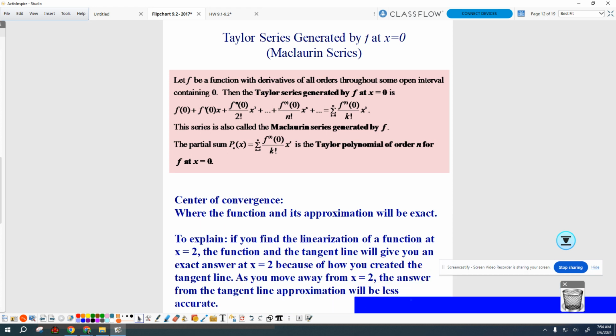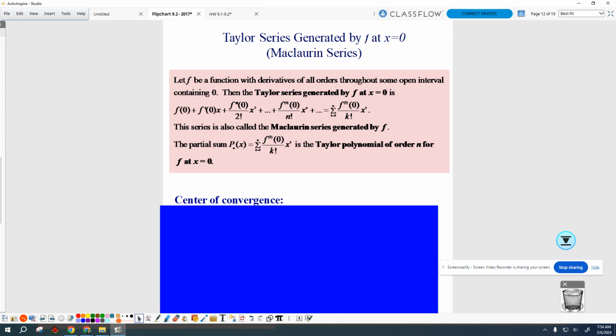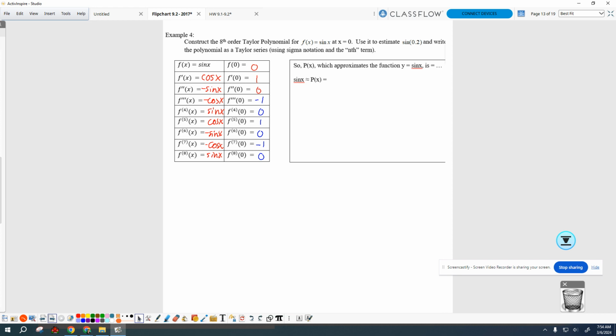It's like where everything is exactly accurate. The polynomial and the function are exactly accurate at that center. And then things degrade a little as you go out. The warm-up yesterday, we did all of these guys. And if I was to create the polynomial, Grady, what's the first thing that needs to match up?